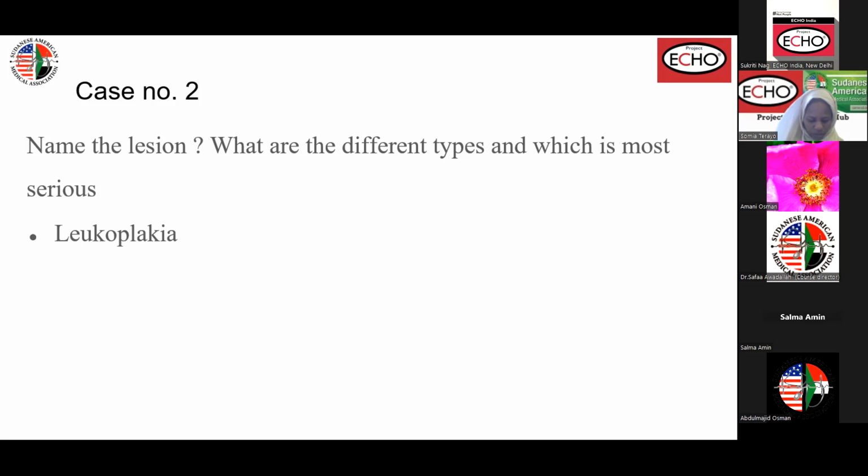All right, we'll give it 2 minutes and then we will reveal the types of leukoplakia.